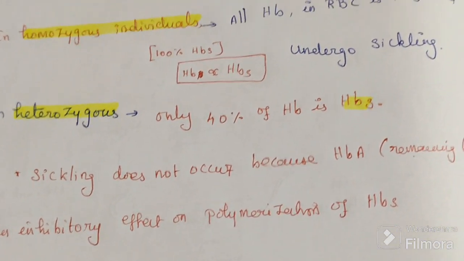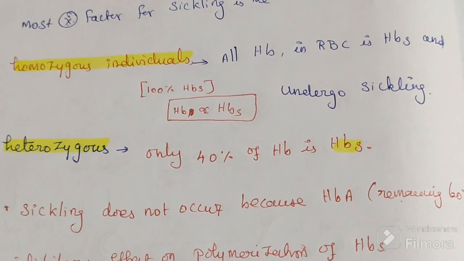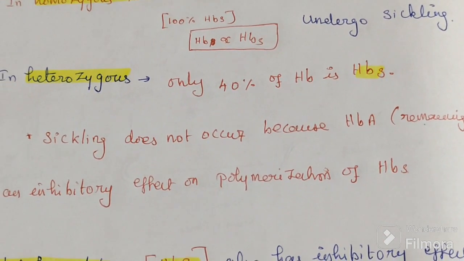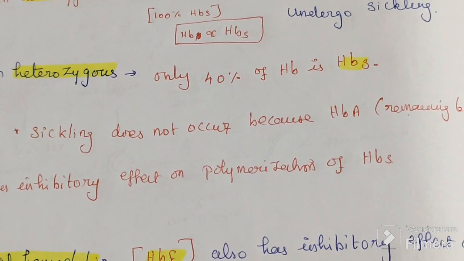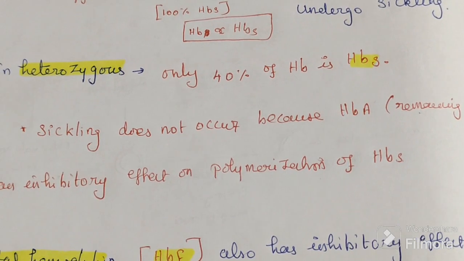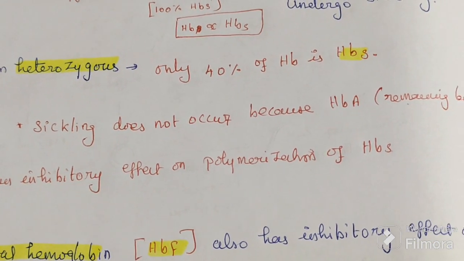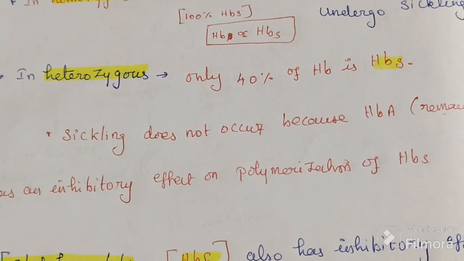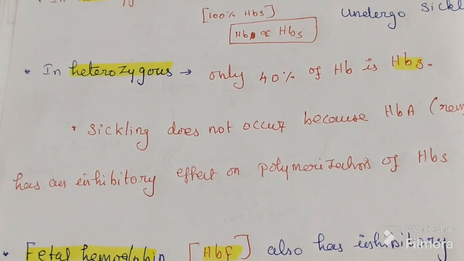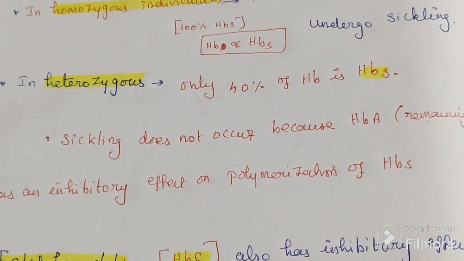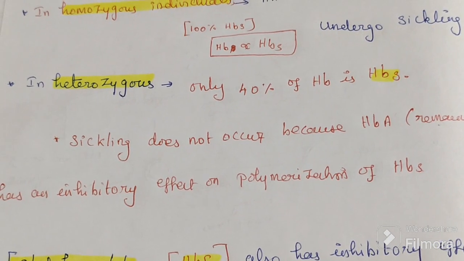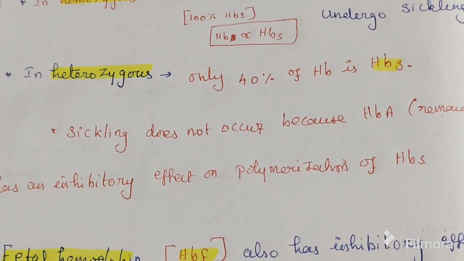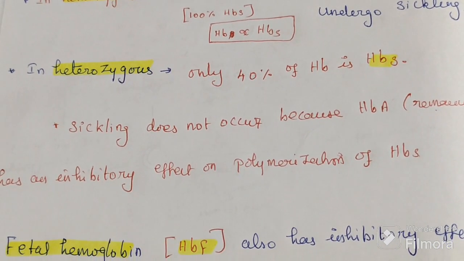Only HbS present means more sickling; here high HbA means less sickling. Because out of 100, only 40 percent is HbS, so sickling will be 40 percent, not 100 percent.